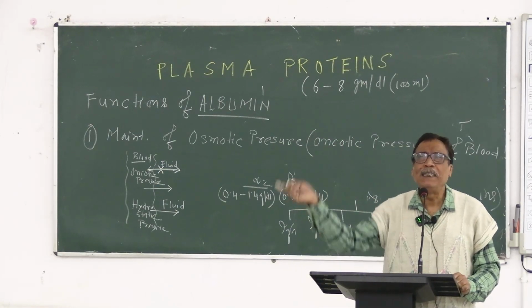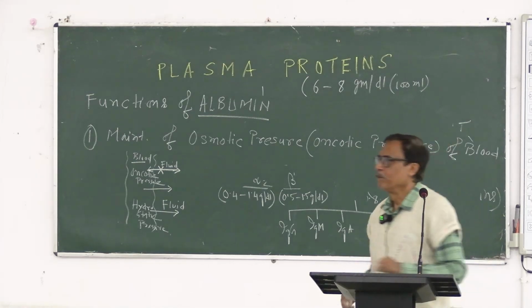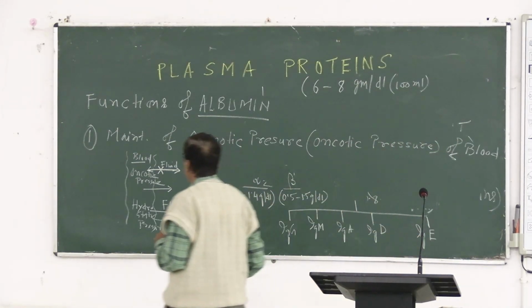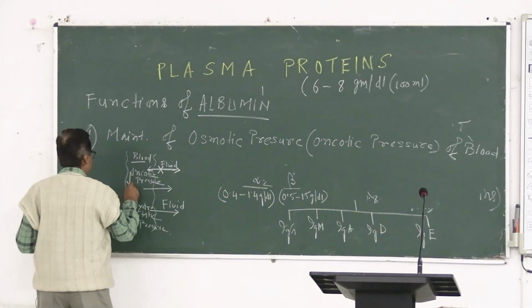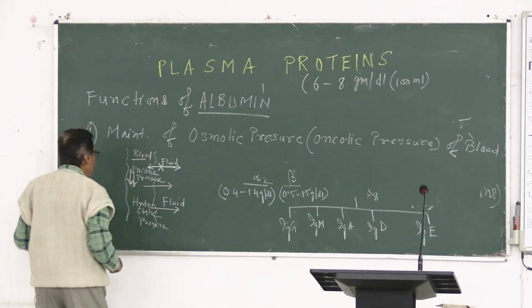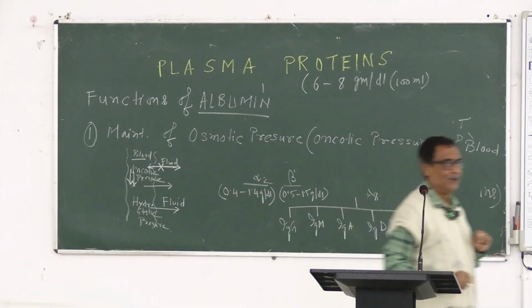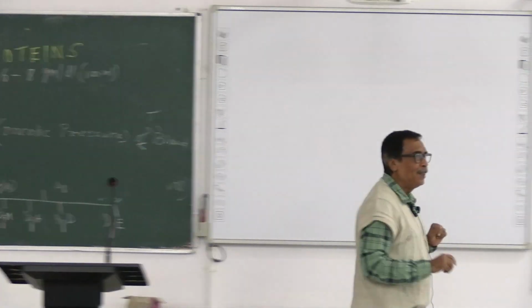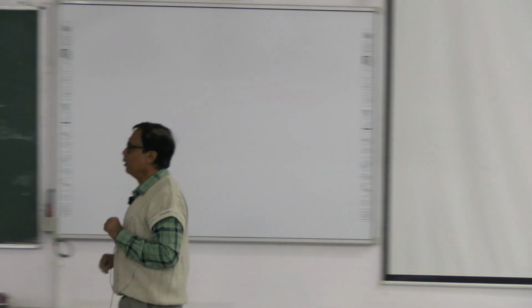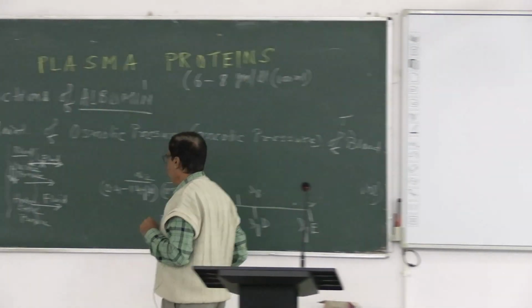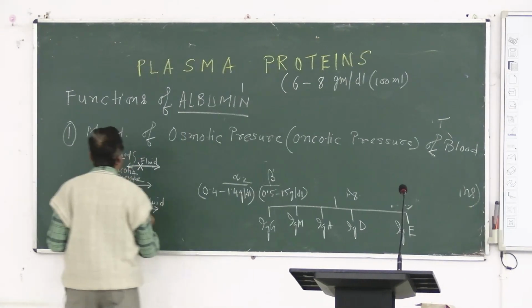Oncotic pressure tends to keep the fluid in. So when oncotic pressure is lowered due to lowering of albumin, what happens? Fluid will be forced to the outside.